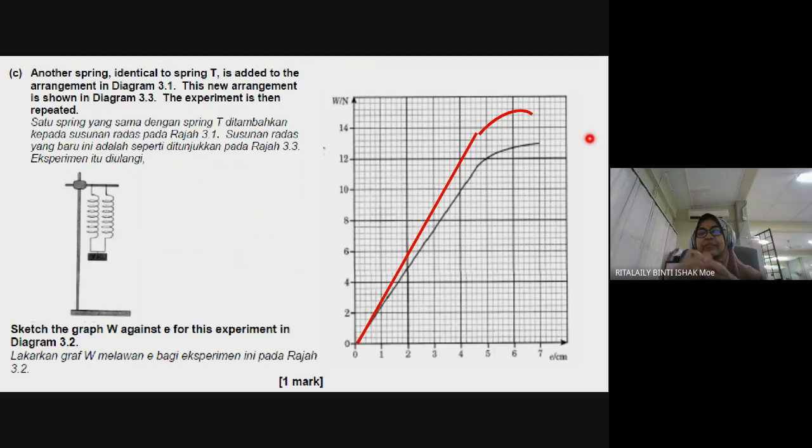So you need to put bigger force to get the same extension as the first arrangement. Dia akan jadi lebih stiff, sebab spring tu sekarang jadi lebih keras. Kenapa? Sebab the force is divided now. The force is reduced. Bukan kita reduce force, but the spring is experiencing reduced force. Okay, so boleh? Question C.